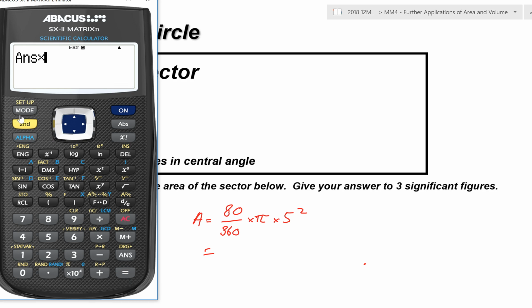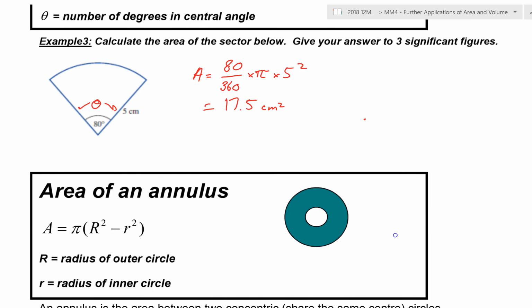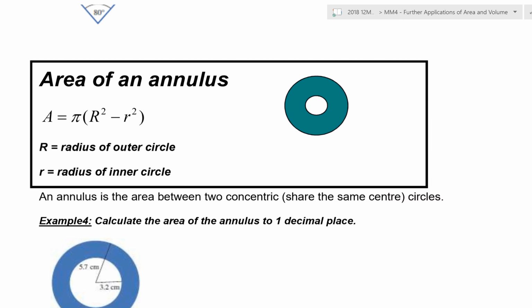Now I'm going to multiply it by 5 squared. You might decide to just multiply by 25, but anyway, there is my answer. Three significant figures, 17.5 square centimeters. Wonderful.